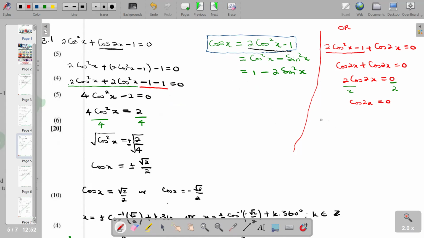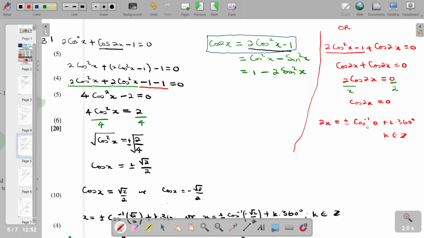So eventually it means that our 2x will be equal to plus or minus cos inverse of 0 plus k 360 degrees. Always remember that k is an element of integers.